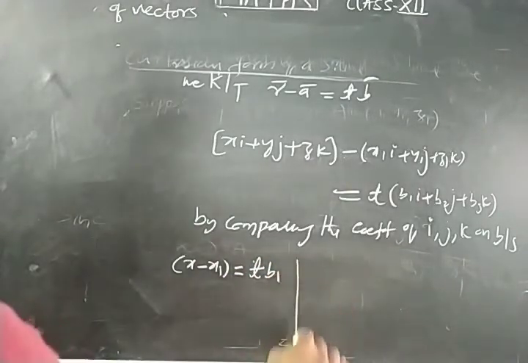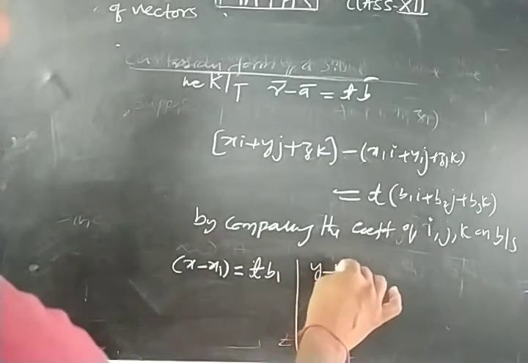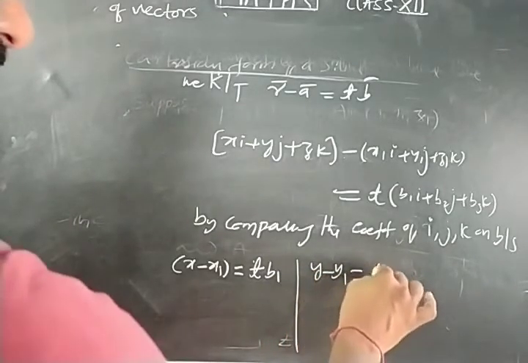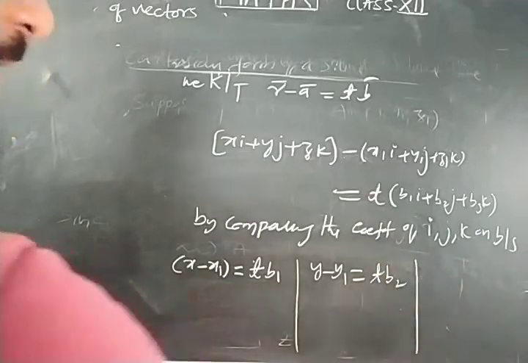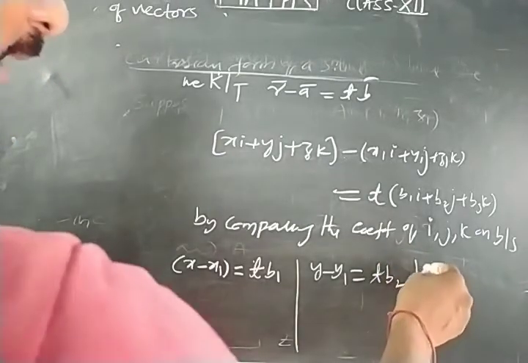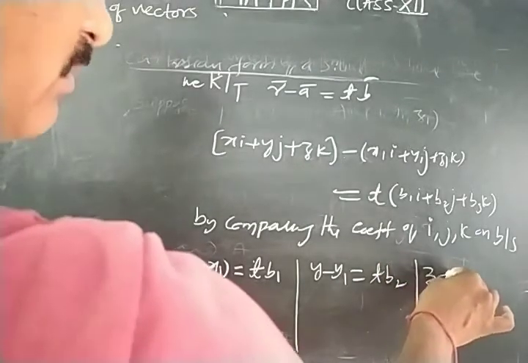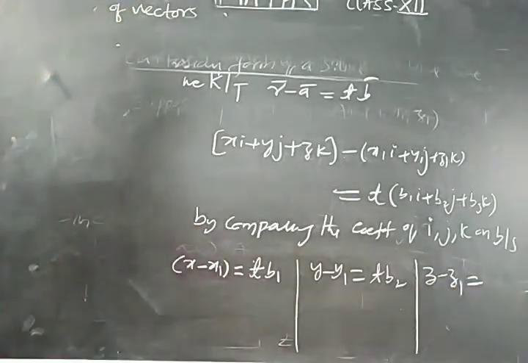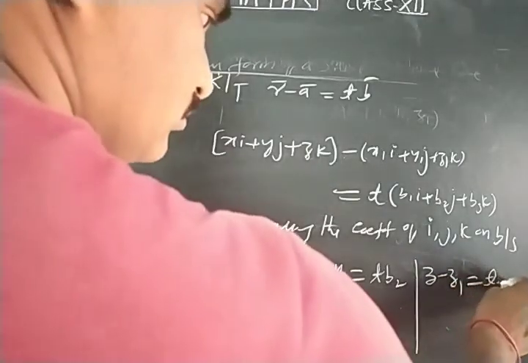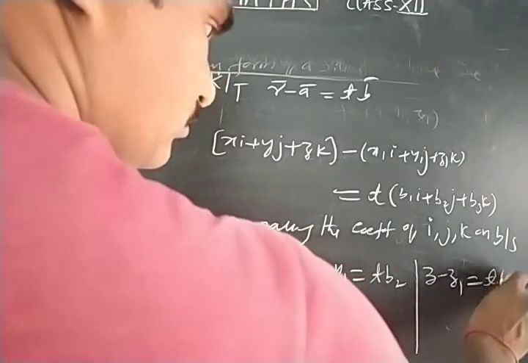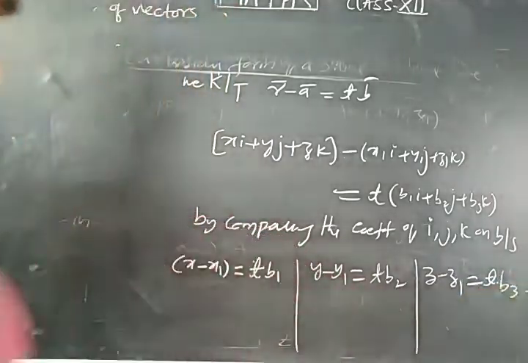Next, by comparing the y coefficient, y minus y1 on the left-hand side, and on the right-hand side tb2. By comparing the coefficient of k on both sides, z minus z1 on the left-hand side, and on the right-hand side tb3, where t is a real number.